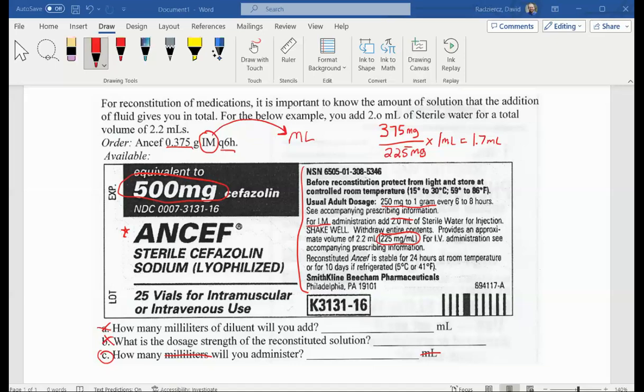So, all right. Let's work through a few IV type problems. Let me pull up a couple. First of all, on your blueprint, it tells you IV therapy flow rate calculations, 4 questions. It does say primary and secondary.